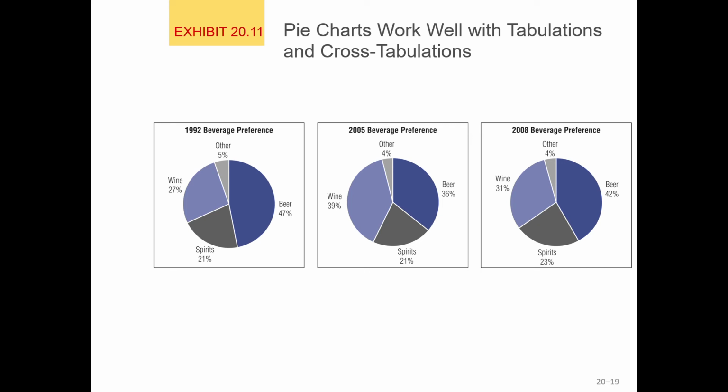The size of each pie slice corresponds to a frequency value associated with that choice. When the three pie charts are compared, the result communicates a cross tabulation, and the comparison clearly communicates that wine preferences increased at the expense of beer preferences from 92 to 2005, but have yielded some ground in 2008.